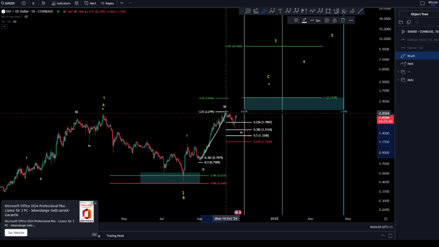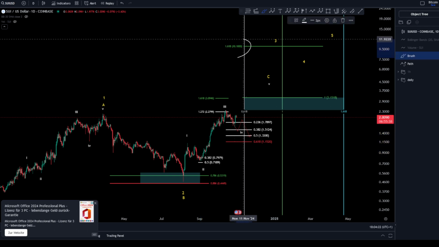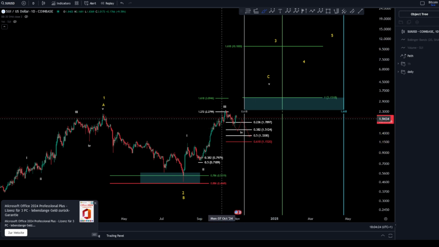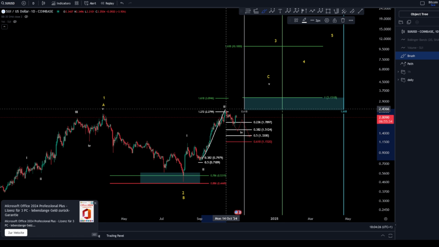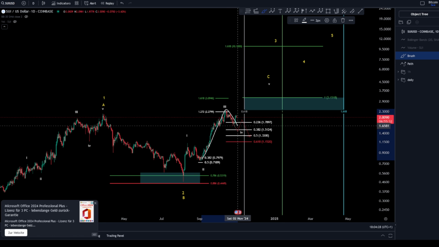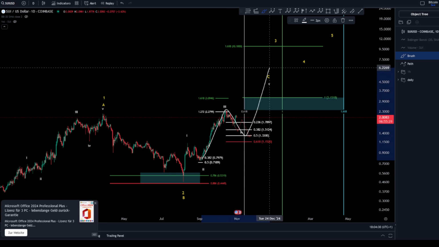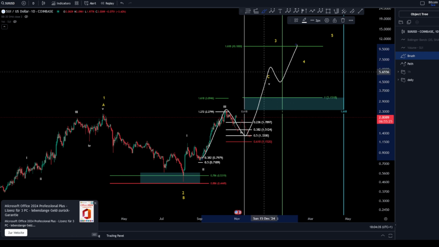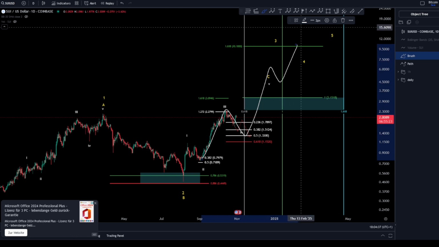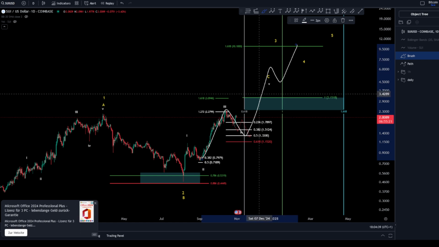However, it is very, very long for an impulse towards the 1.618. And by all means, if you have a very long wave 1 and you are looking for 2, it's not really nice to have a very short wave 3. Otherwise, it looks like a contracting diagonal again, right?